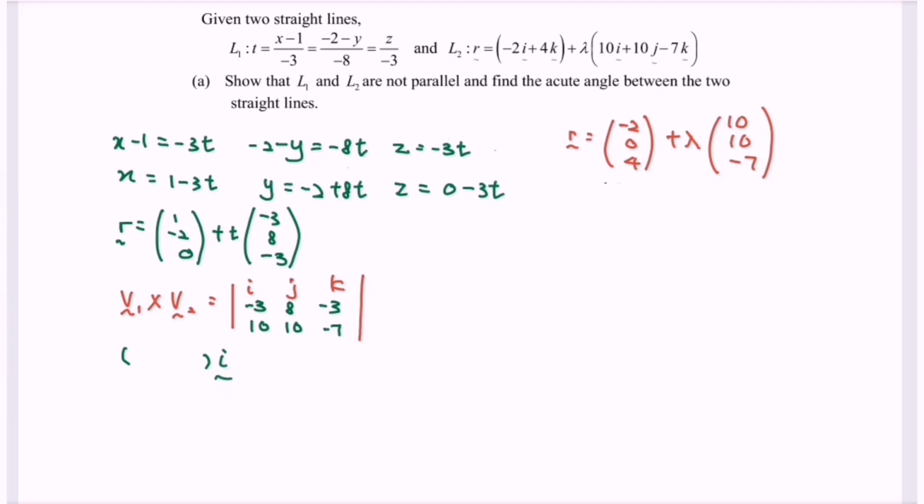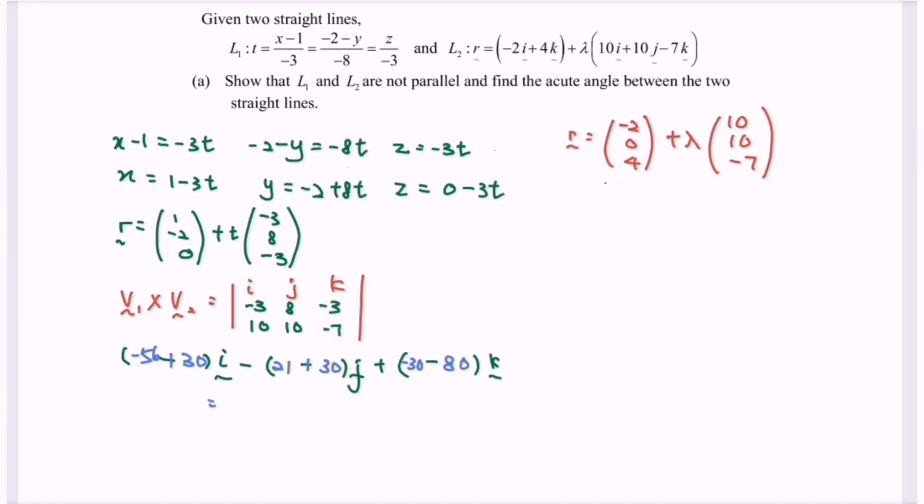So here we have i, negative j, plus k. Close up the i, cross j, k: we have negative 56 plus 30. Continue, close up the j: we have 21 plus 30. Close up the k: we have negative 30 and then negative 80.